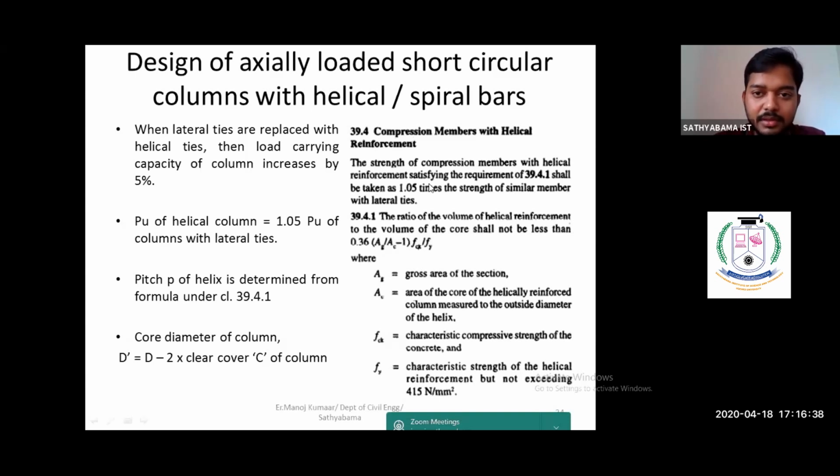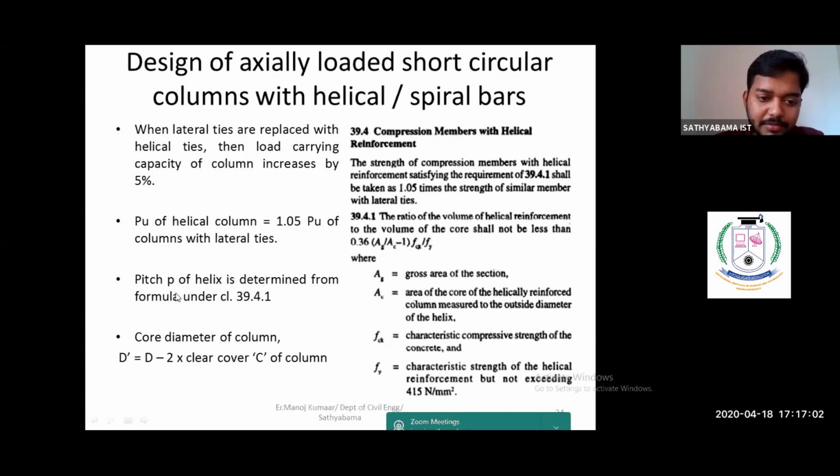That is given in clause 39.4: 1.05 times the strength of a similar member with lateral ties. Right? That is why we will calculate the axial load of the helical column as 1.05, that is 105 divided by 100, 1.05 Pu of the column with lateral ties.